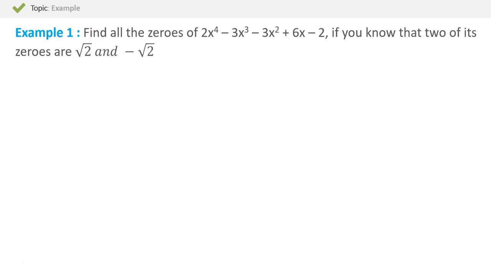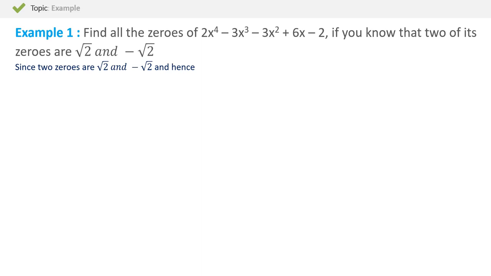Let's take another example. Find all the zeros of 2x to the power 4 minus 3x cubed minus 3x squared plus 6x minus 2 if you know that two of its zeros are square root of 2 and minus square root of 2.